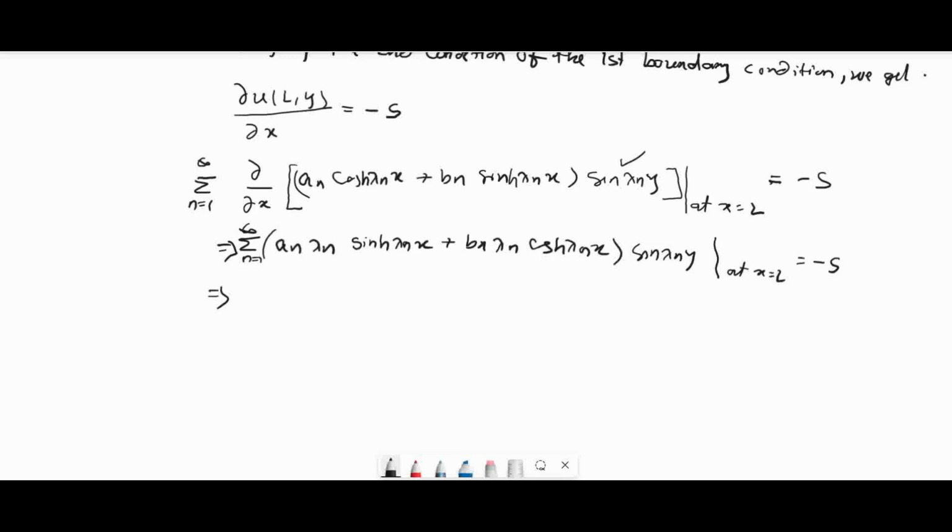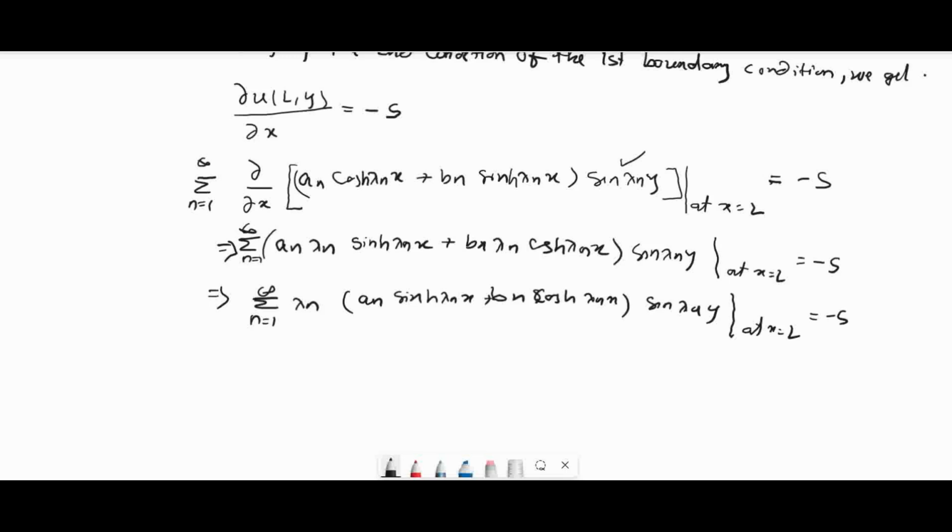So we get summation of n is equal to 1 to infinity lambda n, then an sin h lambda n x plus bn cos h lambda n x into sin lambda n y, at x is equal to L, equal to minus s.